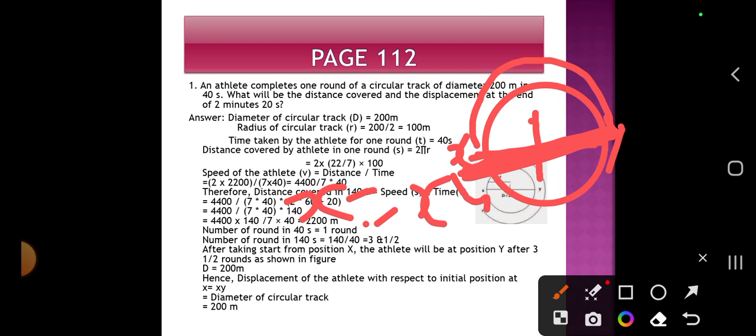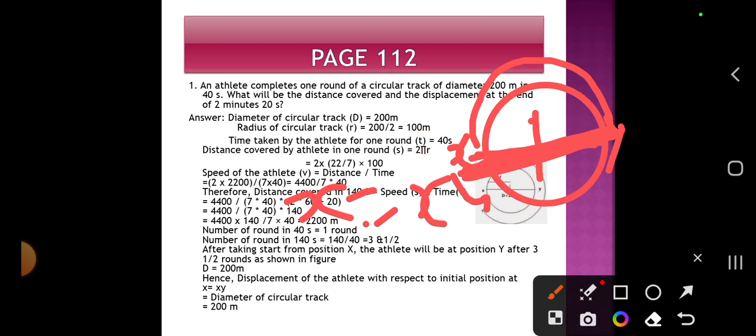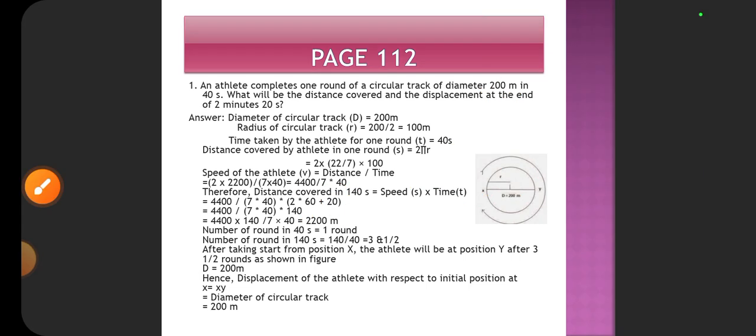That is why the displacement of the athlete with respect to the initial position: the initial position the athlete has is X, now he reaches Y. So displacement will be XY, which is the diameter, so we have 200 meter. Okay. So we'll reach the next question.